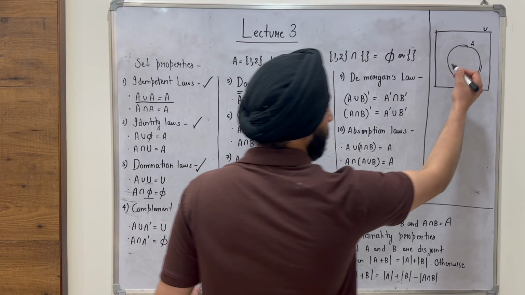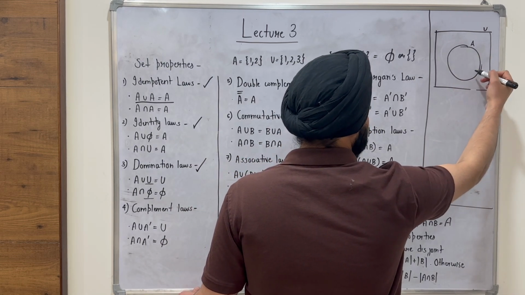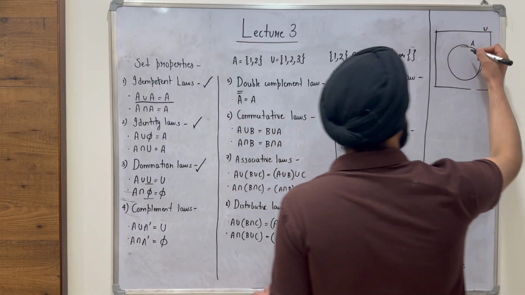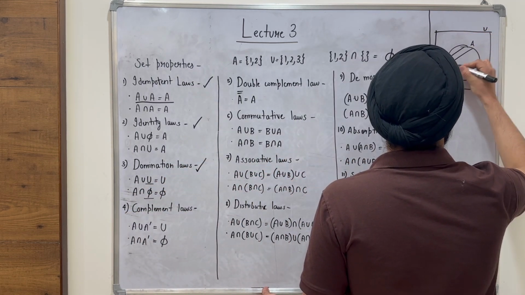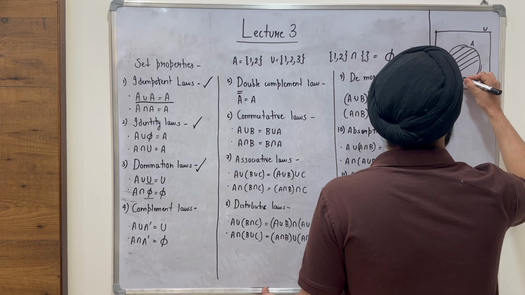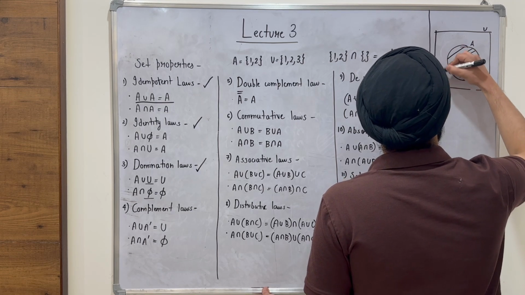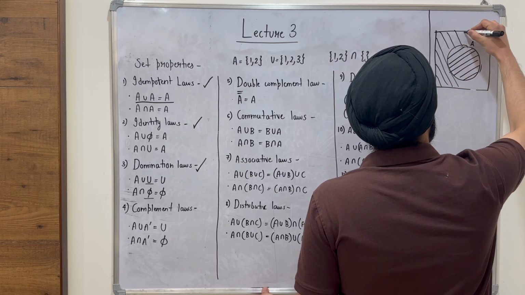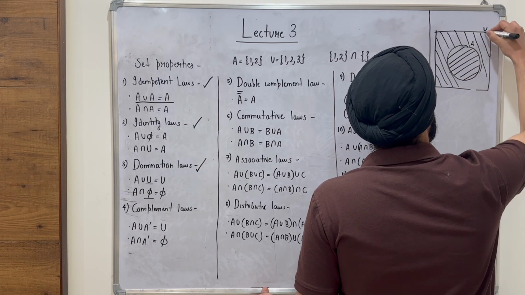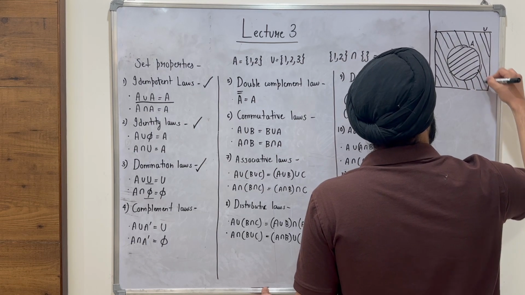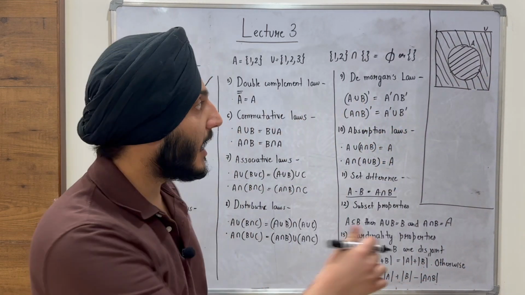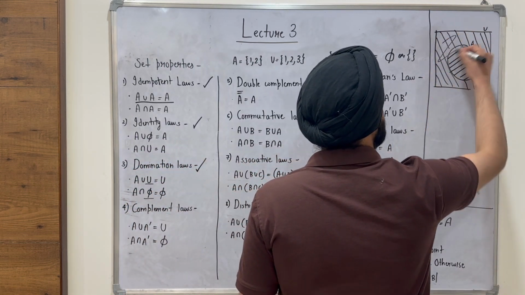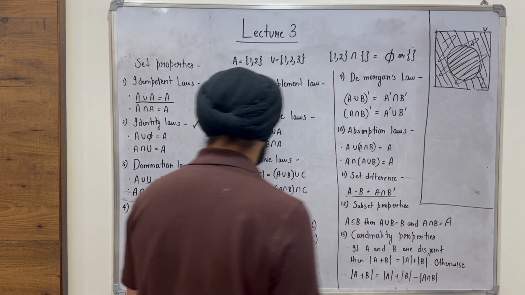A is simply going to be this region over here, and A complement is going to be this entire region surrounding A. So for example, if this is A, I'll represent it with these lines, and this is A complement. Union basically means combine both these areas, and it's simply going to result in the entire universal set. I hope that makes sense.